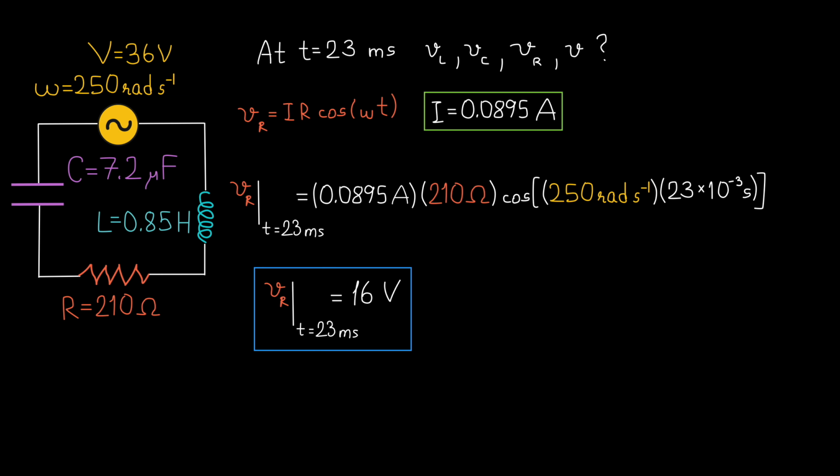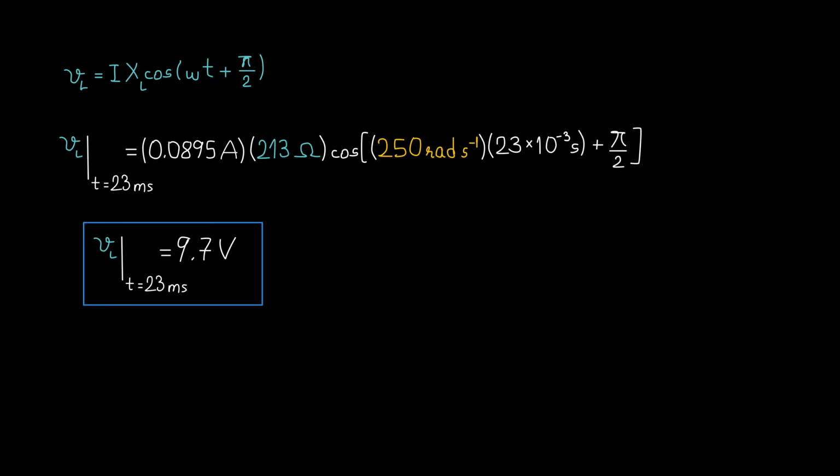Now we go back to the time-dependent voltage formula for the resistor and we evaluate it at t equals 23 milliseconds. We get voltage for the resistor equal to 16 volts at t equals 23 milliseconds. Now we calculate the voltage across the inductor at t equals 23 milliseconds.